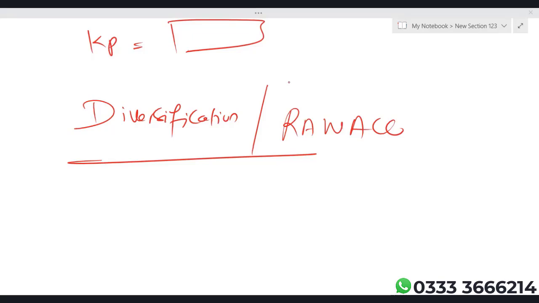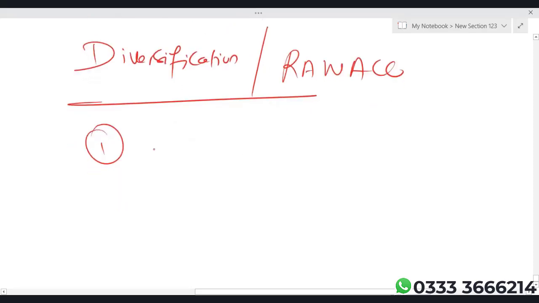You are doing something different. So what are the steps of calculating a risk adjusted WACC in case of diversification? Step 1, to find beta asset of the new industry.